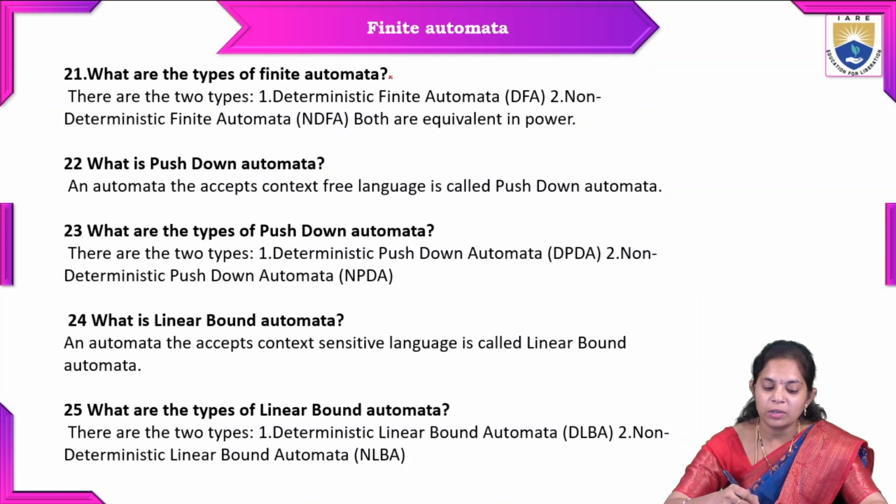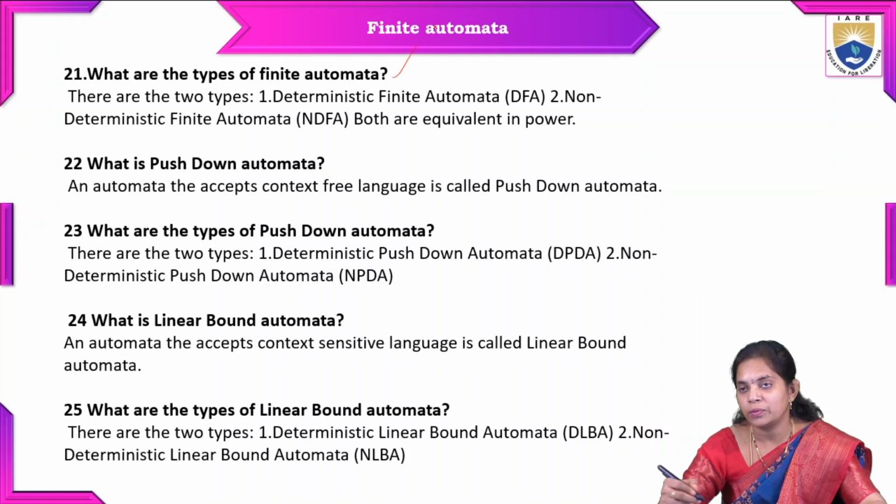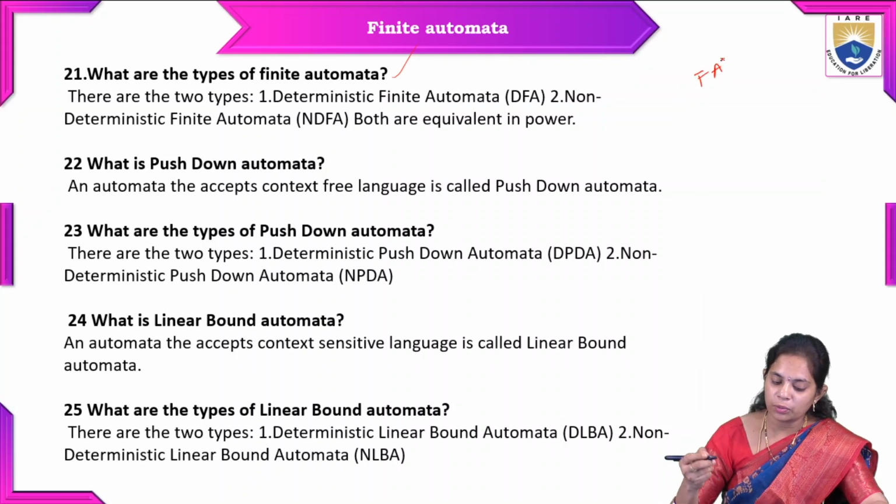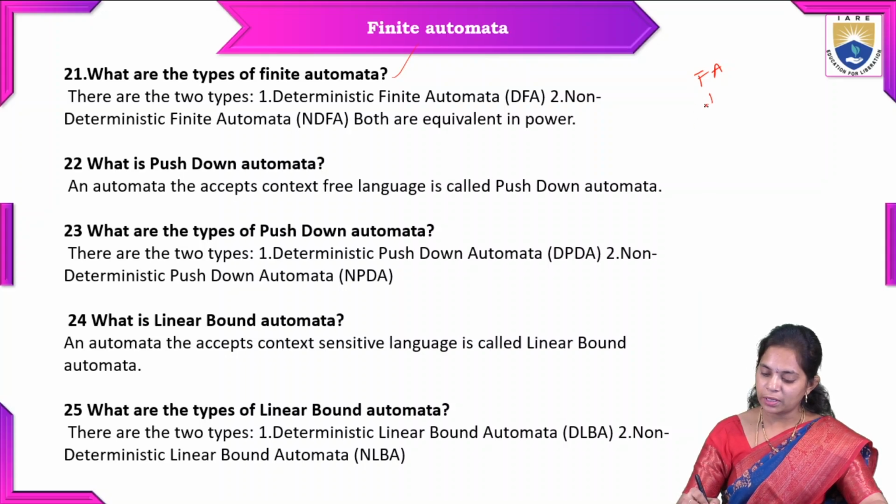So what are the types of finite automata? We have two types of finite automata: one with output and one without output.